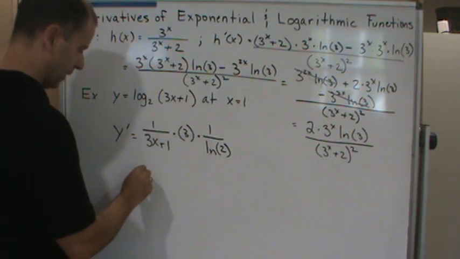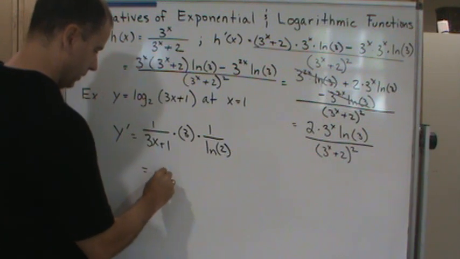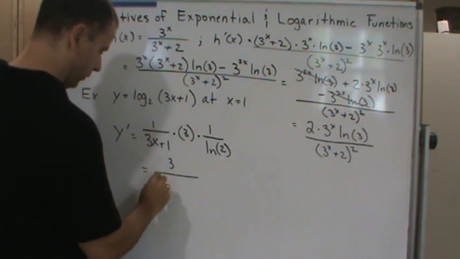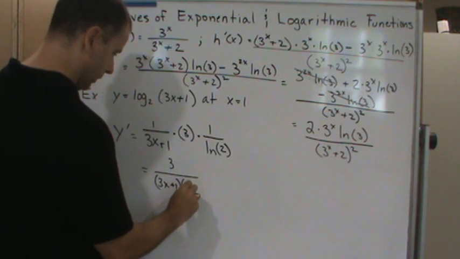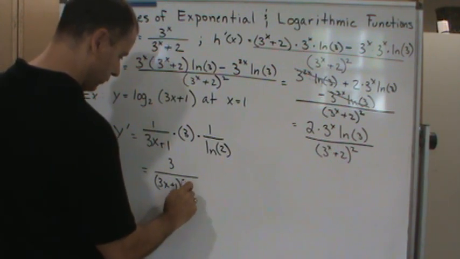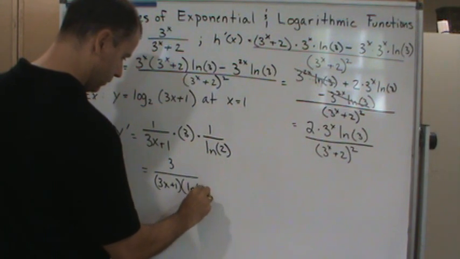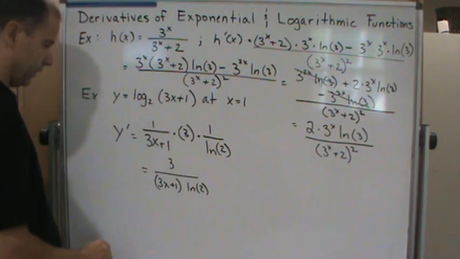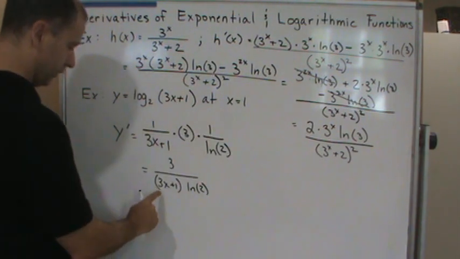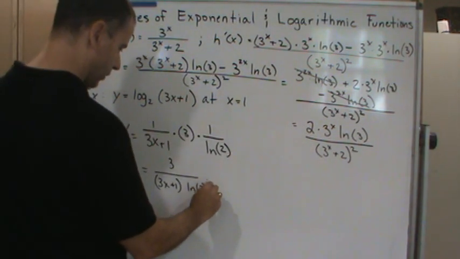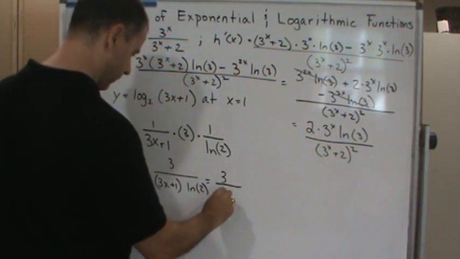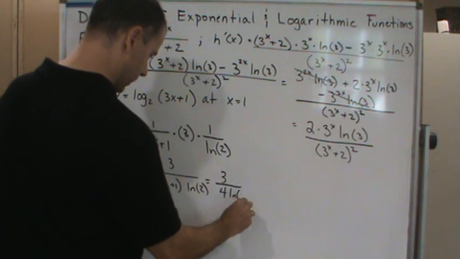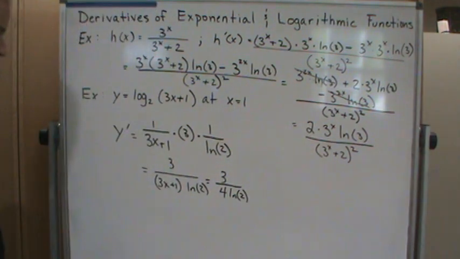So if you want to clean this up, we can write this as 3 over 3x plus 1 times the natural log of 2. Like so, and then we're just going to plug in x equals 1, and so I'm going to get 3 over 4 natural log of 2, okay?